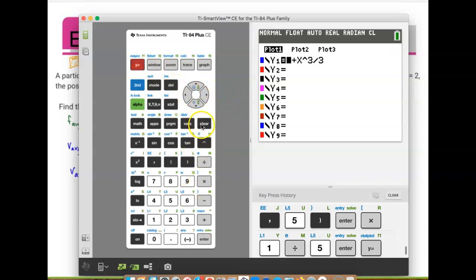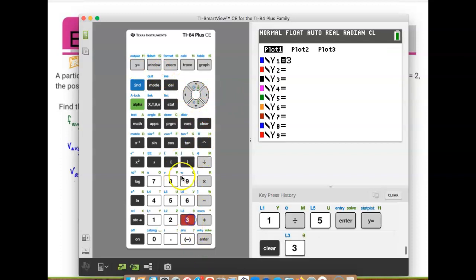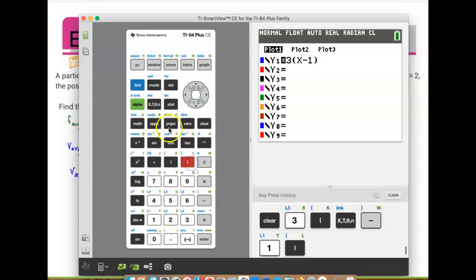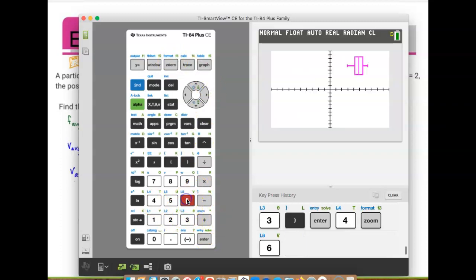So my v of t is 3 times (x minus 1) times (x minus 3), sorry. And then my average value is 4. I'm just going to do a zoom 6. Turn off that stat plot.